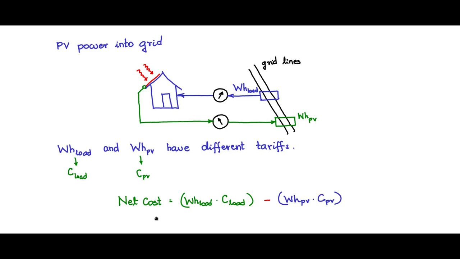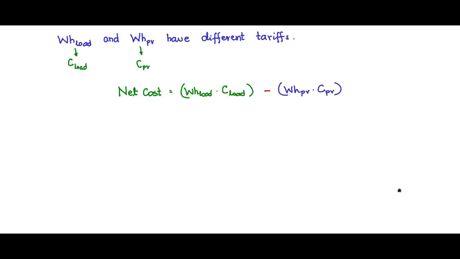So our goal, our interest is to have the net cost as 0. So for 0 net cost, we have watt hour PV required, watt hour load into C load by CPV, because net cost is 0.